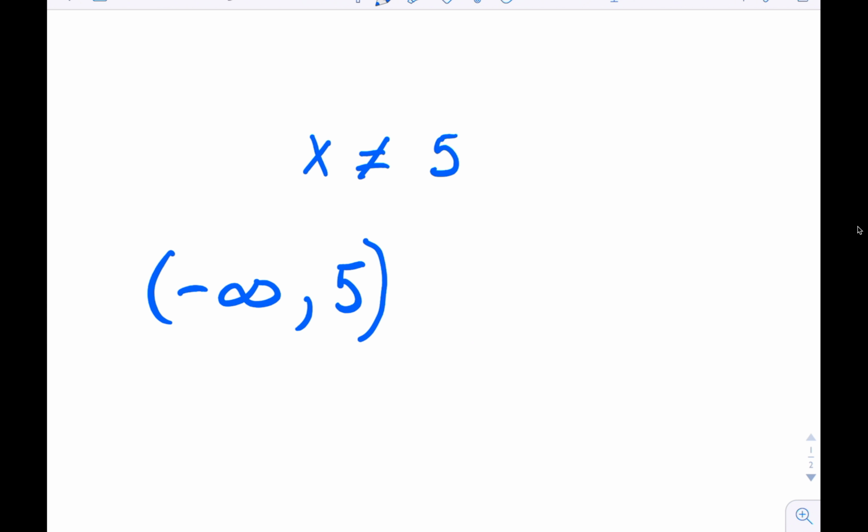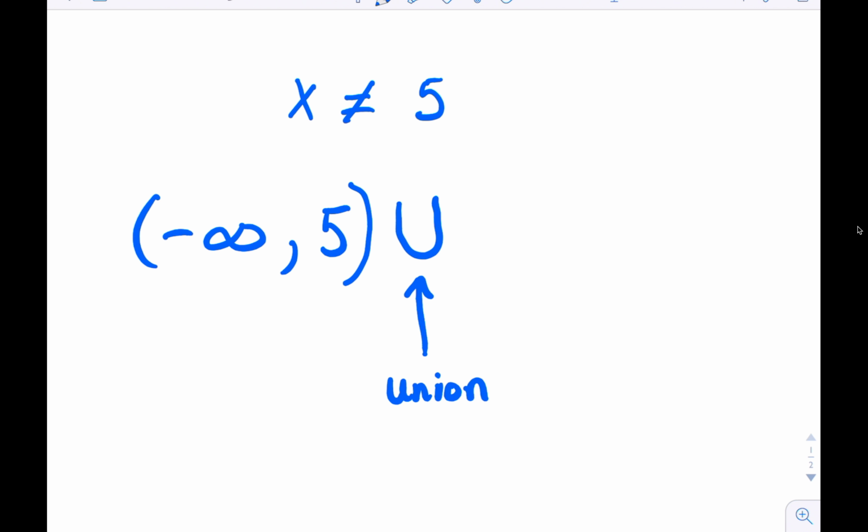So what I want to do is include this symbol here. This is what stands for union, and it's the mathematical way of saying or. What I want to include is everything after 5 as well. So I'm going to open a parenthesis there at 5, and then go towards infinity.